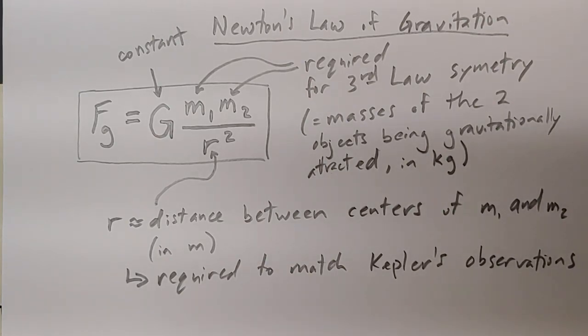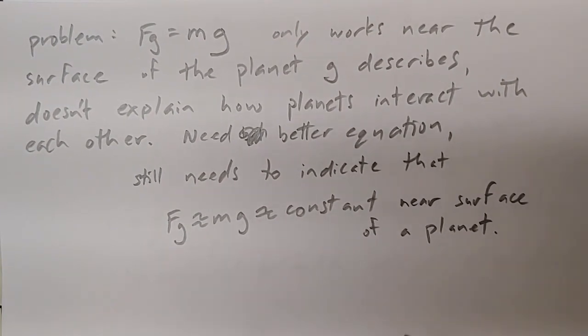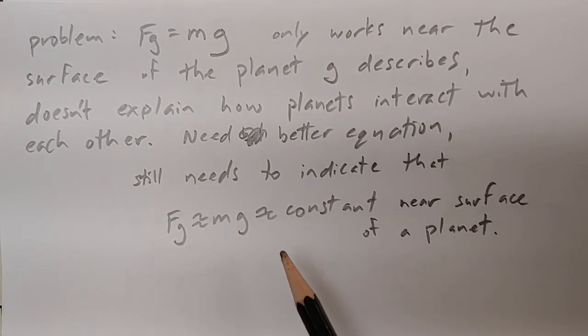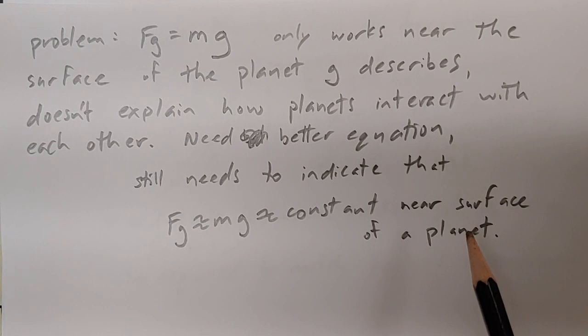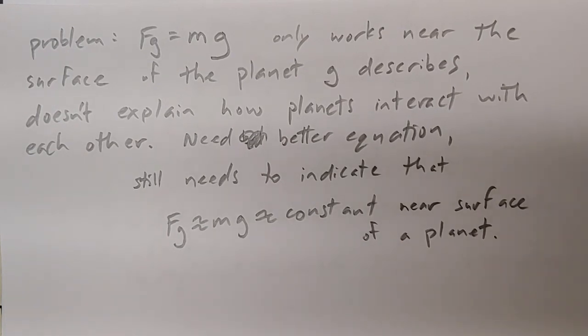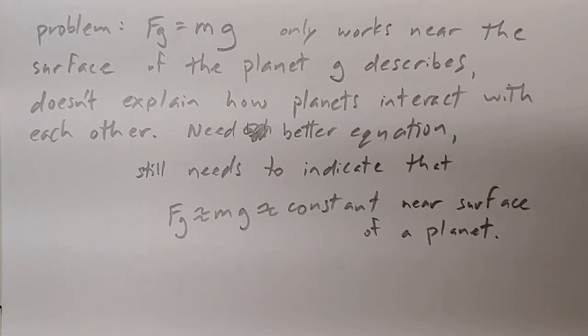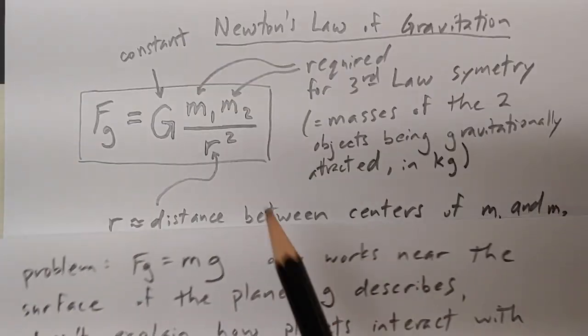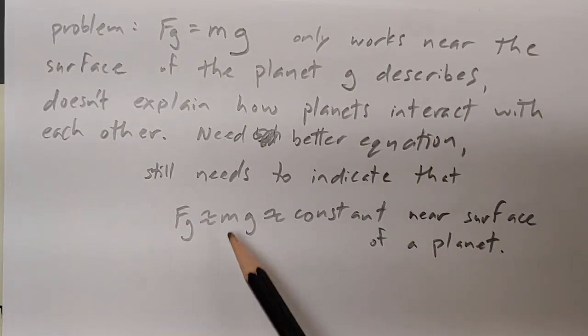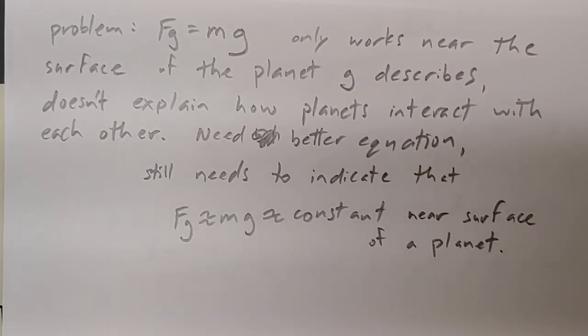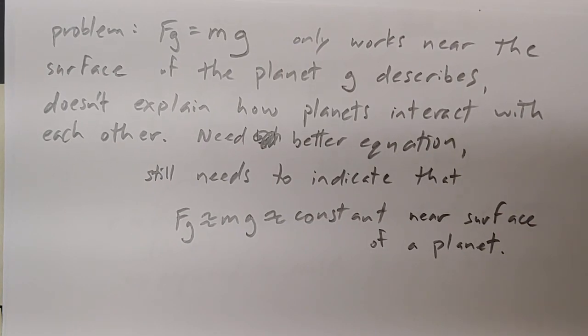So let's verify that this actually does what it's supposed to. We said that the equation has to return a force of gravity value that is roughly constant near the surface of a planet. And we know specifically that this has to return something that's roughly equal to m times g as well, if we're dealing with the Earth.